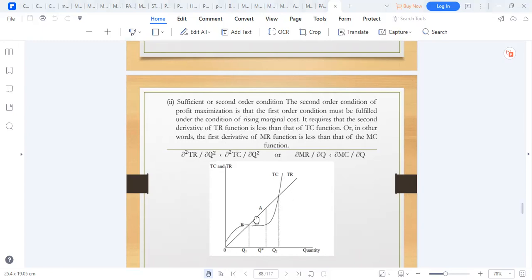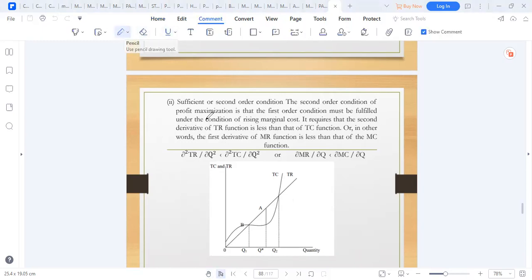So this stretch between A and B is called the profit because you can see the total revenue is on top. But where the cost is on top here, this is where we're making our losses. So if this is 2, 3, 4, I would advise the firm not to produce below 2 units and not to produce above 4 units, otherwise they'll land themselves in a loss.